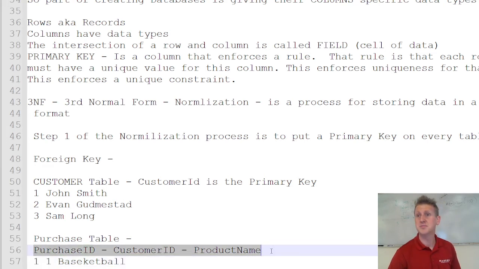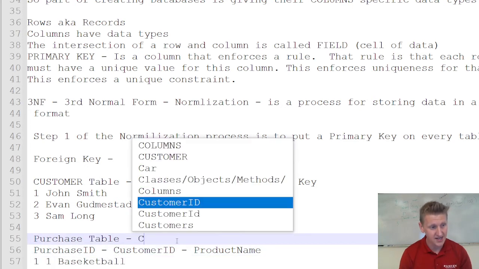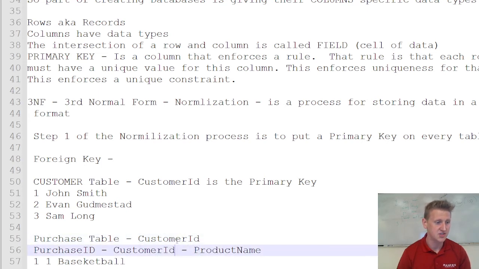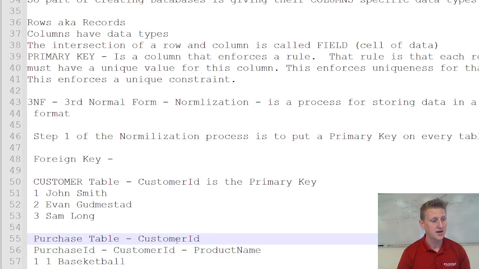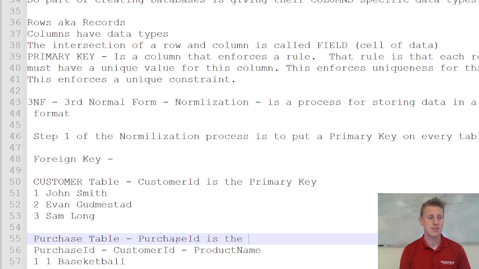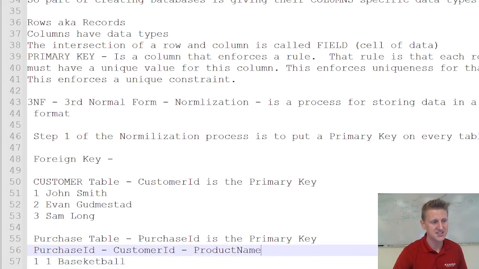So these are the columns for this data. Customer ID, lowercase d, again, there are going to be some conventions here. Purchase ID is what? It's the first column, but we're also going to call this the primary key. This first column is going to enforce uniqueness on the table. Purchase ID is the primary key.